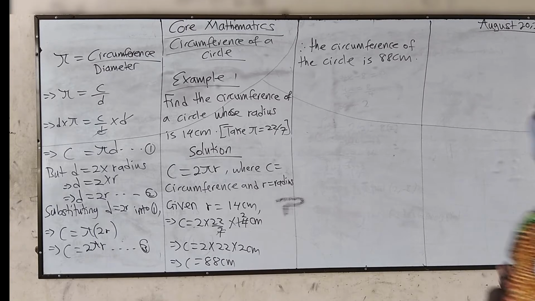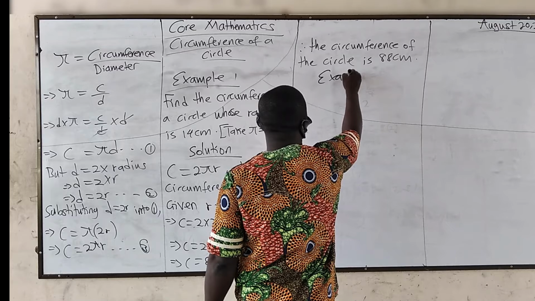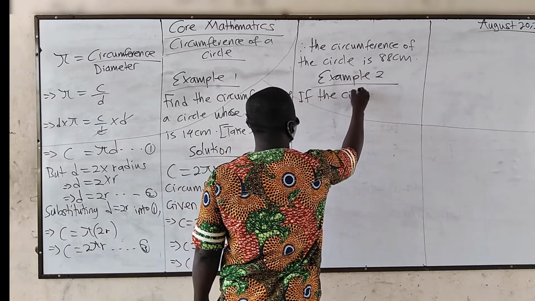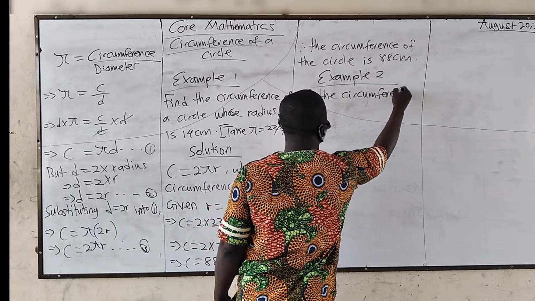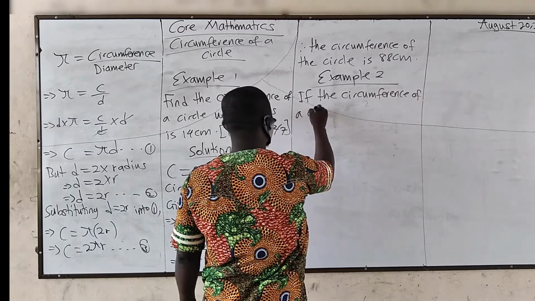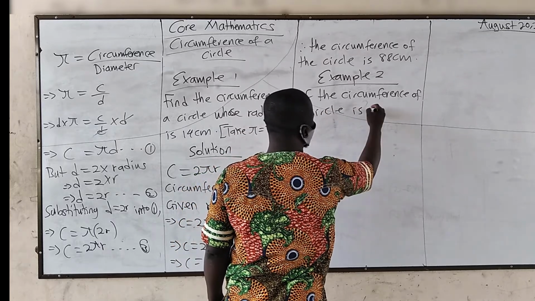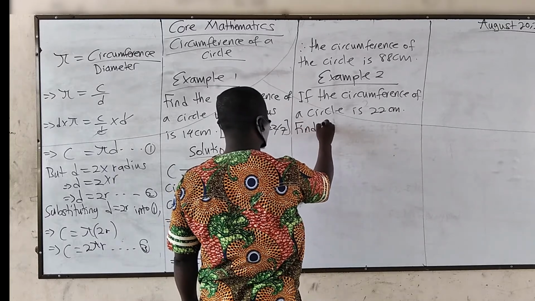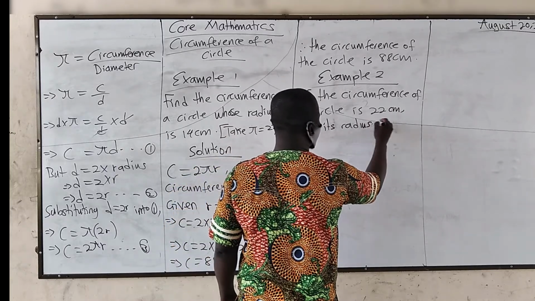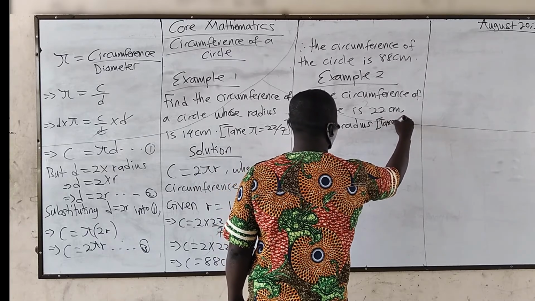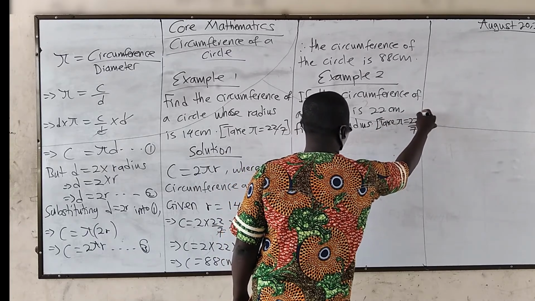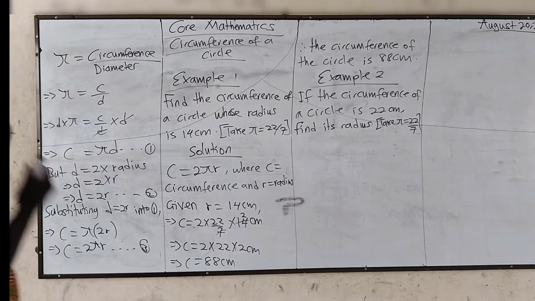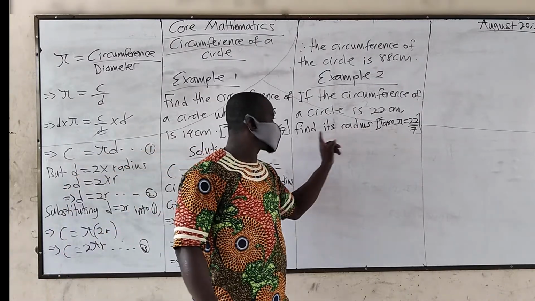Now next. Example 2. If the circumference of a circle is 22 centimeters, find its radius.